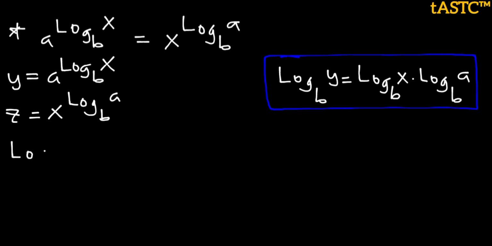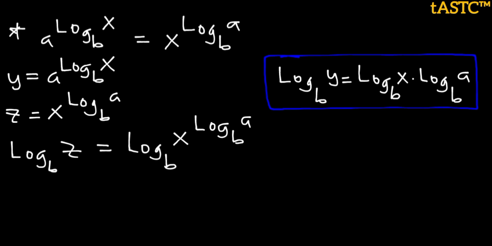So this will be log to the base b of z, and that will be equal to log to the base b of x, and that will be raised to the power of log to the base b of a. So of course this would go to the front, and that will get multiplied with this. So this will be equal to log to the base b of a, and that is multiplied by this.